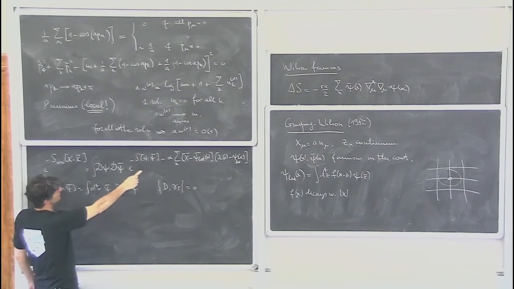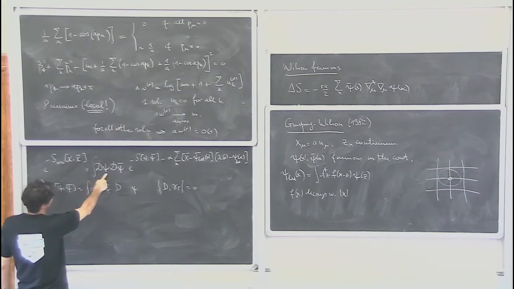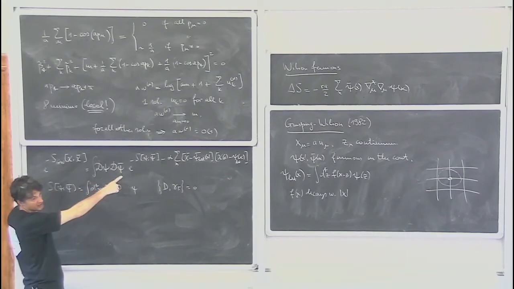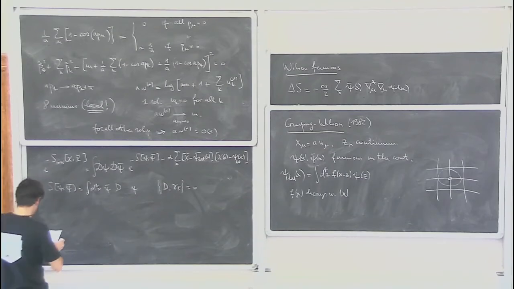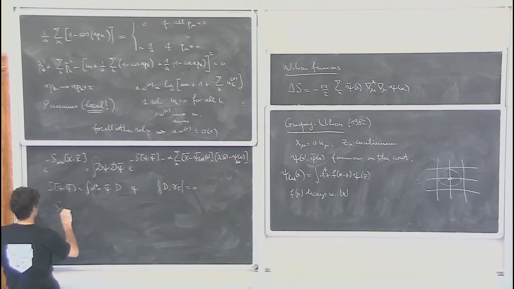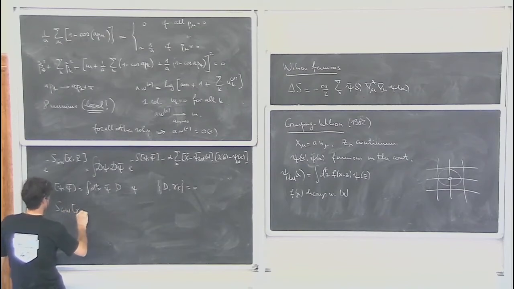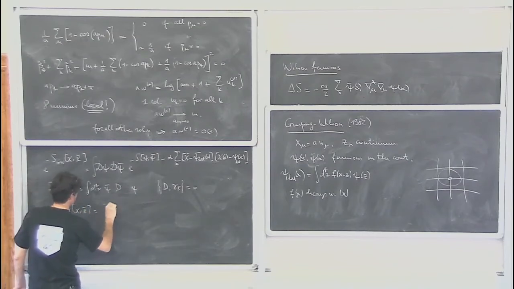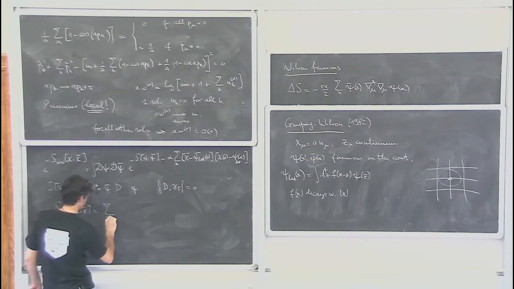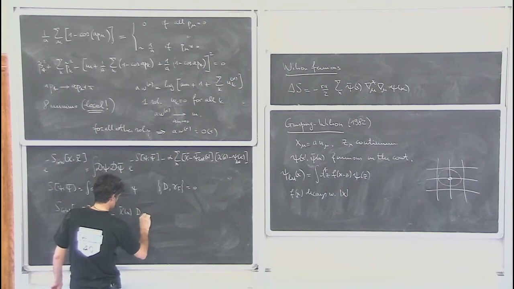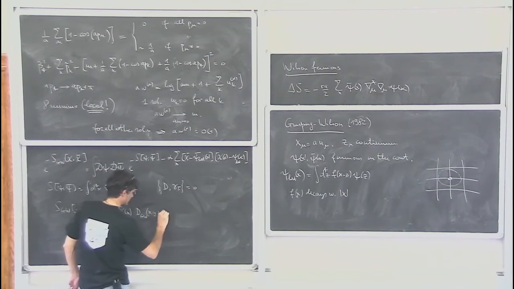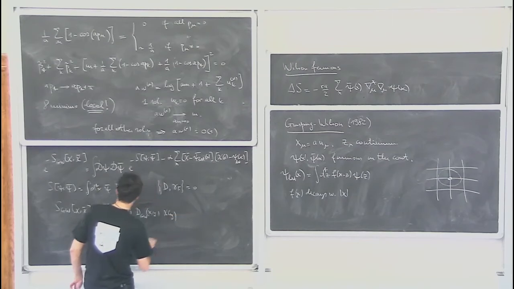So you know that when you do this integration, you're going to get something which is quadratic in chi and chi bar. Okay? What you get is not obvious at all, but you know that it's going to be quadratic in chi and chi bar. So you know that S_GW of chi and chi bar is something that looks like this: chi bar of x, D_GW of x and y, chi of y. Okay?